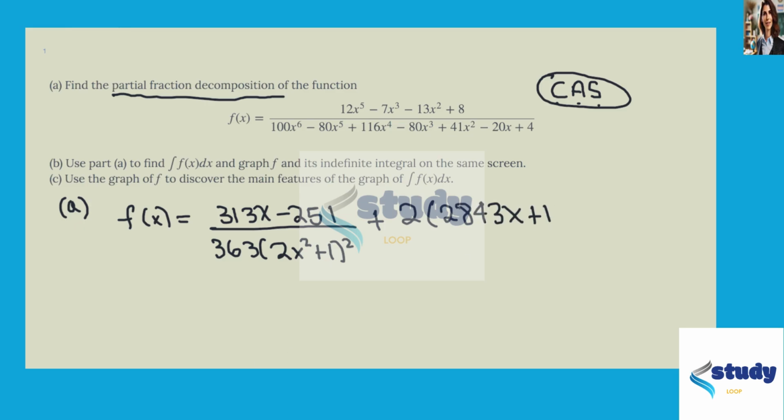Then I have 816 all over 3993 times 2x squared plus 1. And then two more terms.